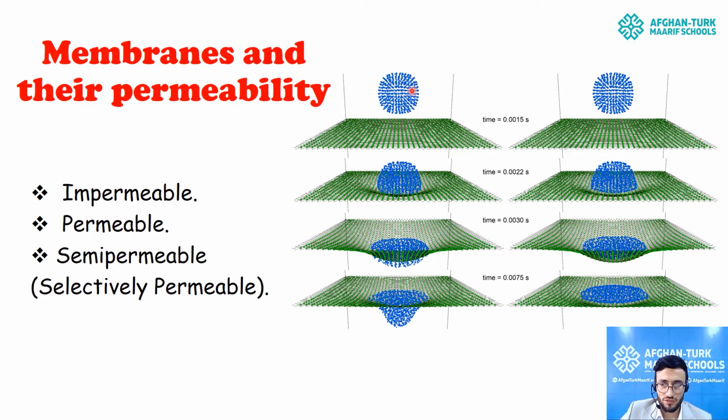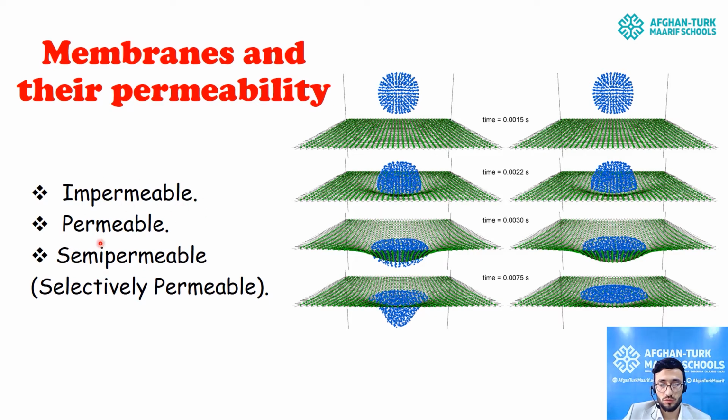It means it admits the substances and materials to pass through it. Here, it is the same substance, but when it faces the membrane, the membrane does not admit it. It means when the substances face the membrane, it does not admit them to enter the cell or get outside of the cell, so that is called an impermeable membrane.